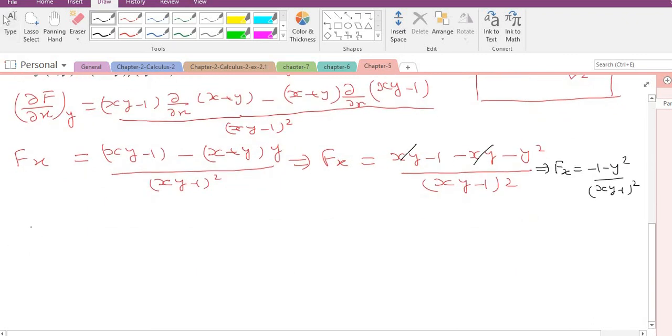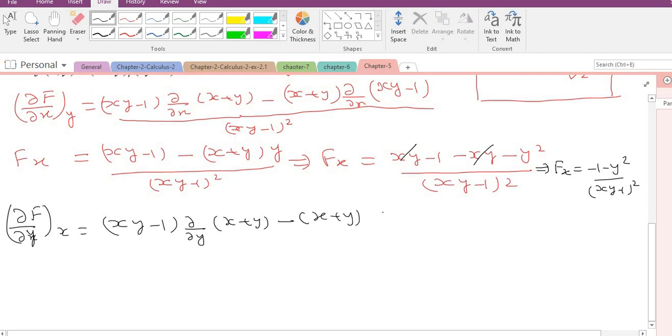So use again the same rule, that means the division rule, del f del y. Now treating x as constant, so xy minus 1 del y of x plus y minus x plus y del y of xy minus 1 divided by v square.